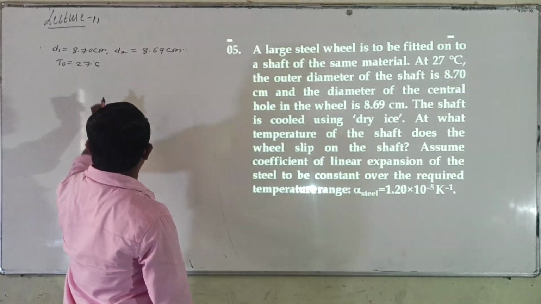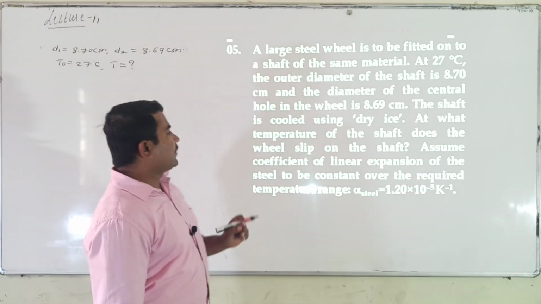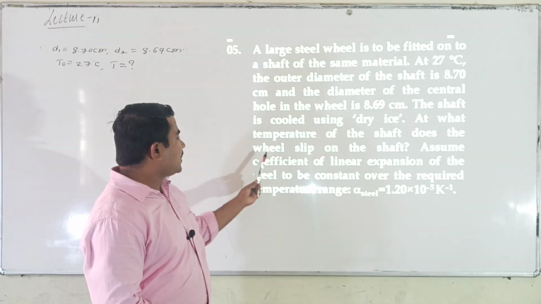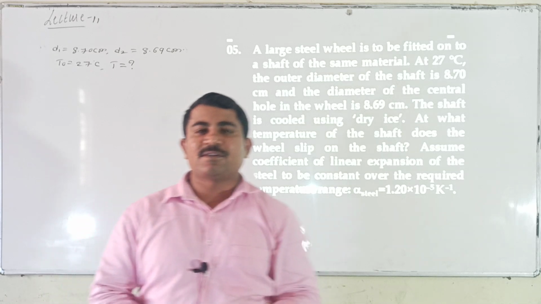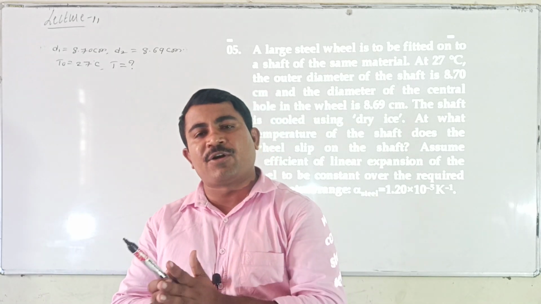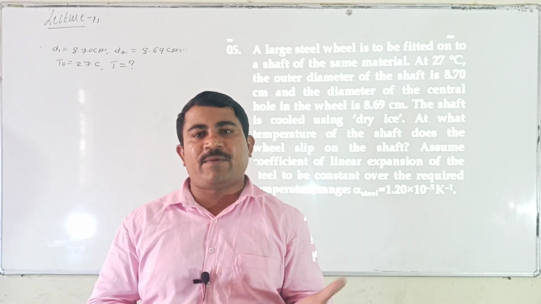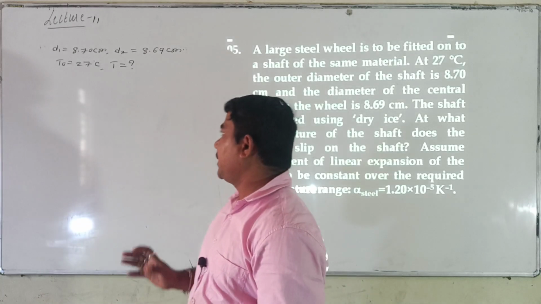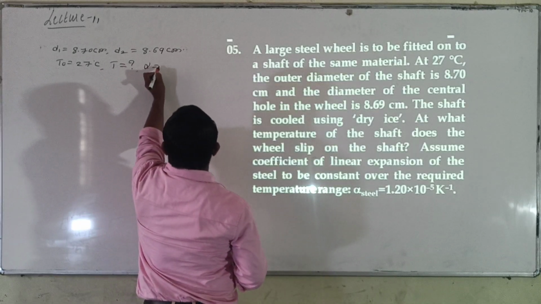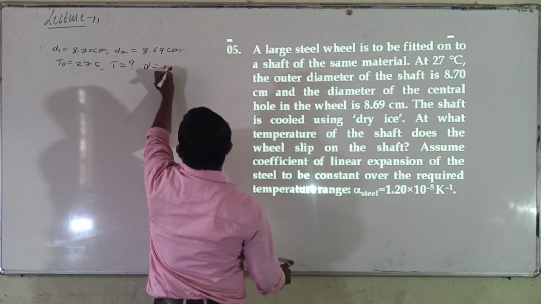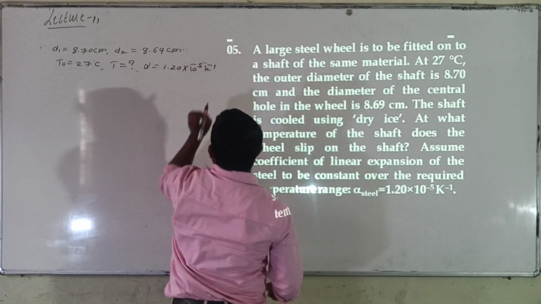Then he is asking at what temperature does the wheel slip on the shaft by cooling, by placing dry ice? See here, again what is given? Alpha value is given. What is the alpha value? It is 1.20 into 10 raised to minus 5 per Kelvin. Are you following this?